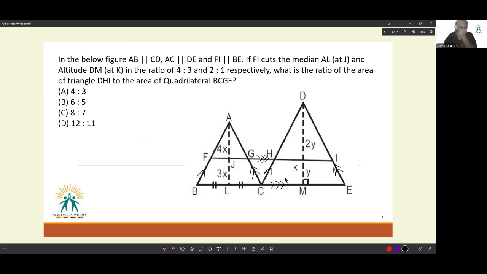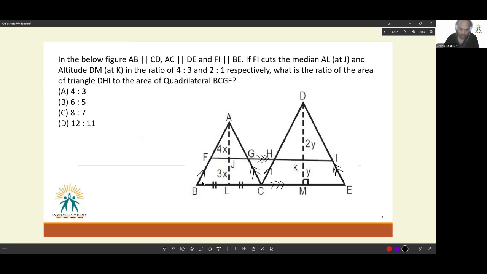Now understand this, given that BE is pretty much the same side extended, and we are told that AB is parallel to DC and AC is parallel to DE, we can very quickly come to the conclusion that ABC and DCE are similar.